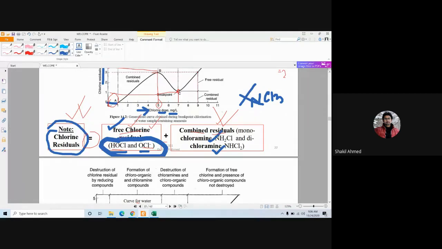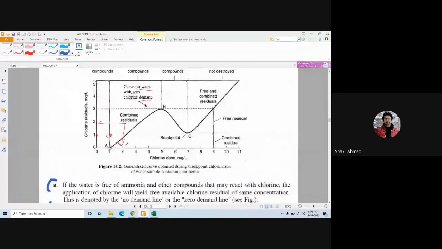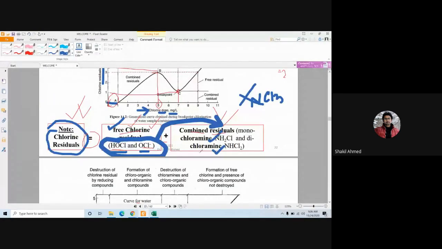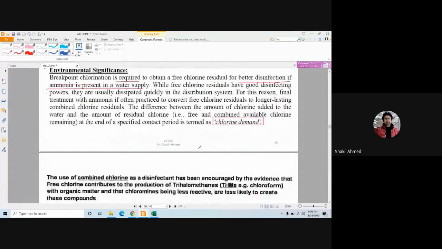So we try to convert them into these species because they are more stable and remain in the water for a long time. We try to get the chlorine as monochloramine and dichloramine for disinfection because they are more stable.